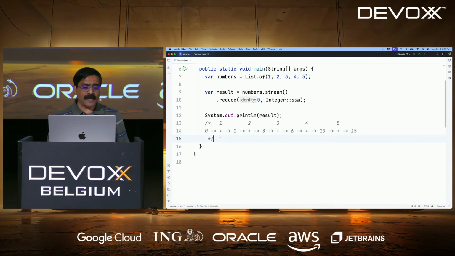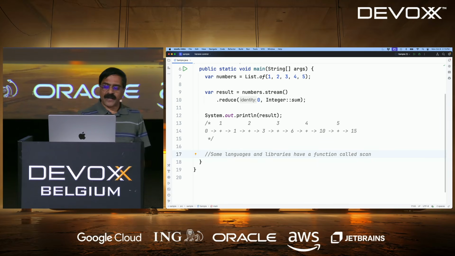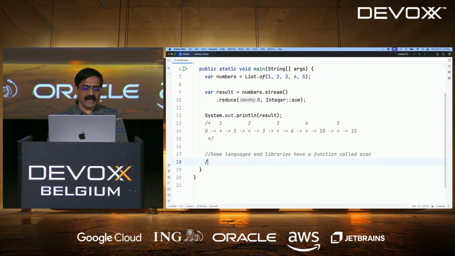Well, that's great. However, some languages and libraries have a function called scan. So what in the world is a scan function? I would say a scan is a chatty reduce.